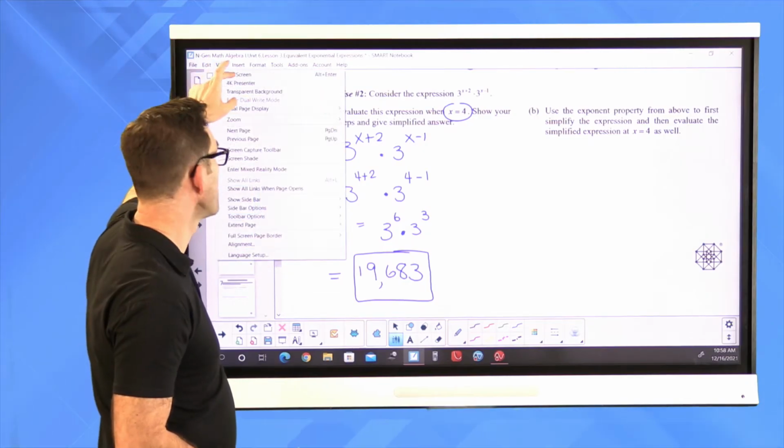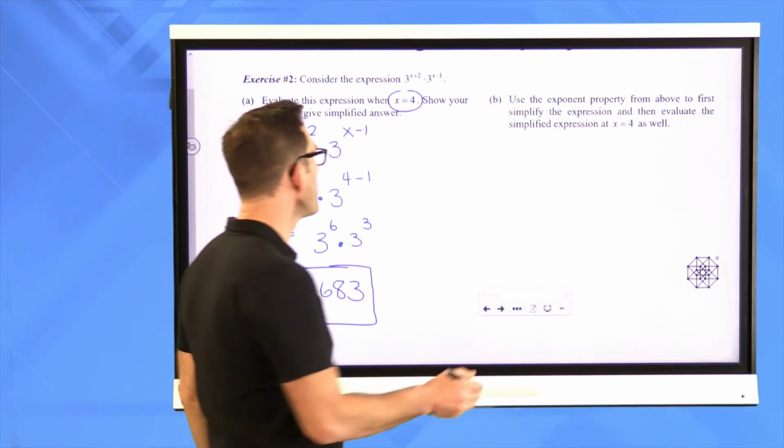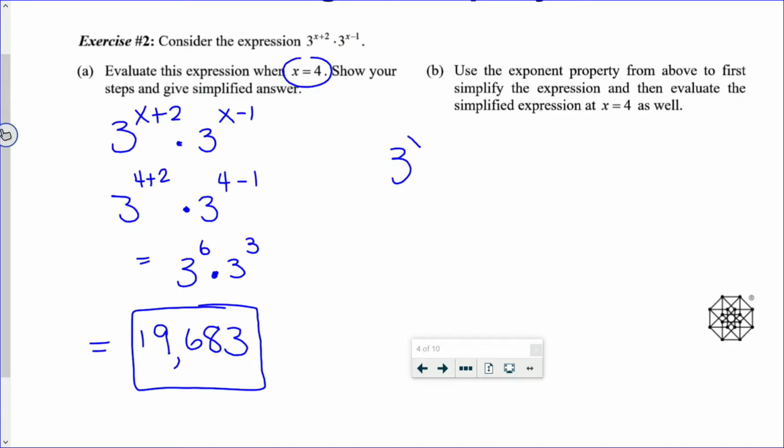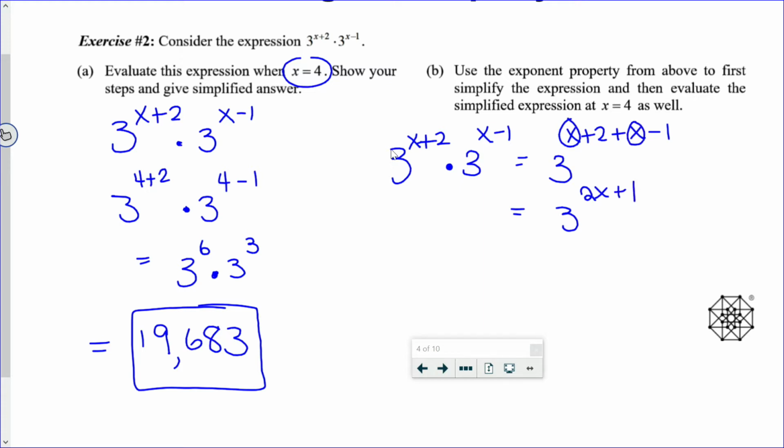So let's take a look at that in letter B, right? I'm going to just go to my full screen view. That property says that 3 to the x plus 2 times 3 to the x minus 1 is going to be 3 to the x plus 2 plus x minus 1. And that's going to be 3 to the 2x, right? I can add x plus x. 2 minus 1 is 1, right?